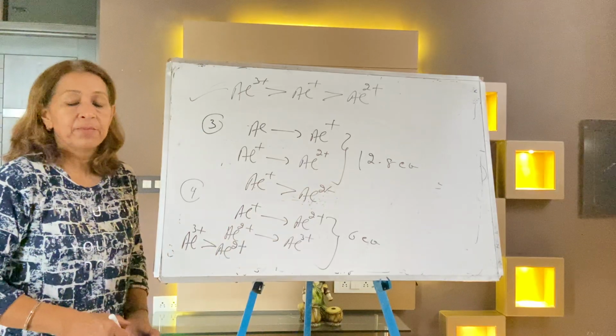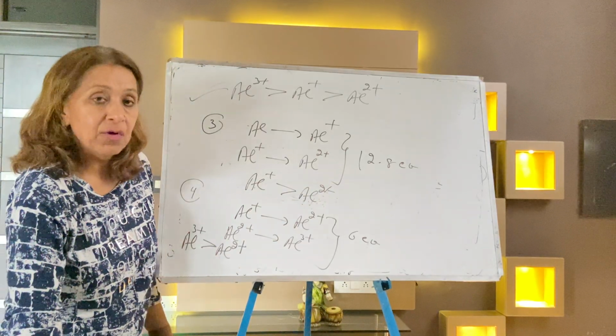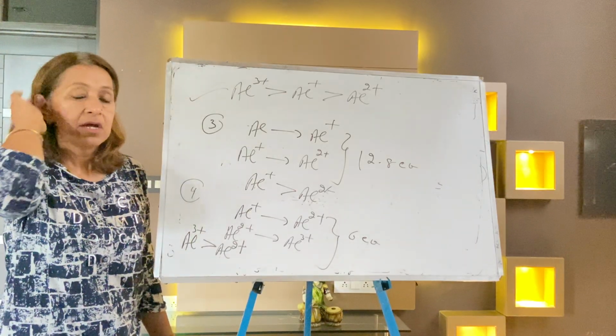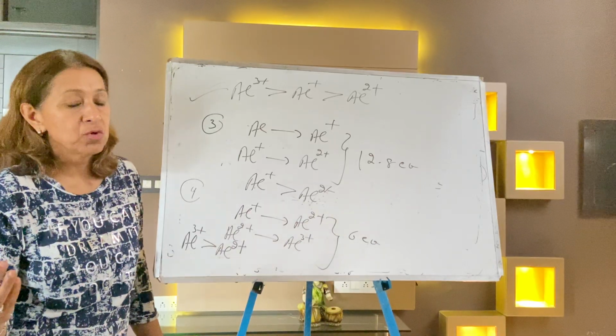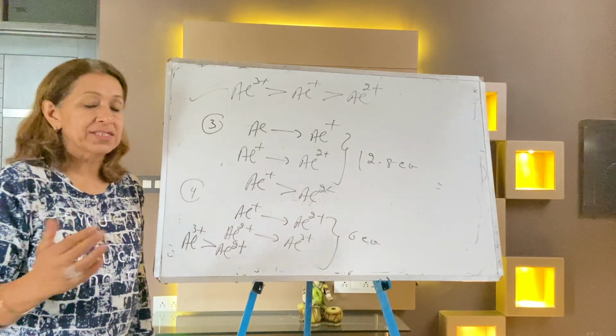So this is ionization energy. What have we learned, what does ionization energy decide? Ionization energy decides the stability of the oxidation state. The less the IE in a particular oxidation state, the more stable that state is. Such questions will come in the D block chapter in class 12th.